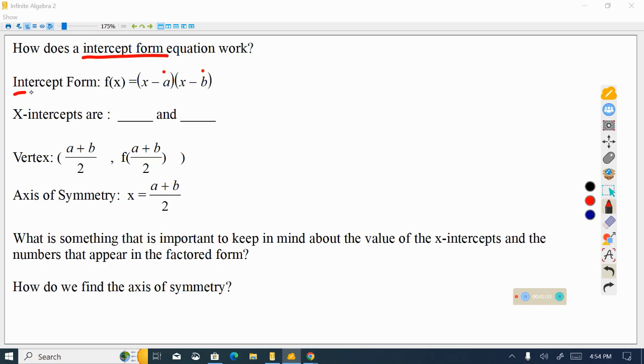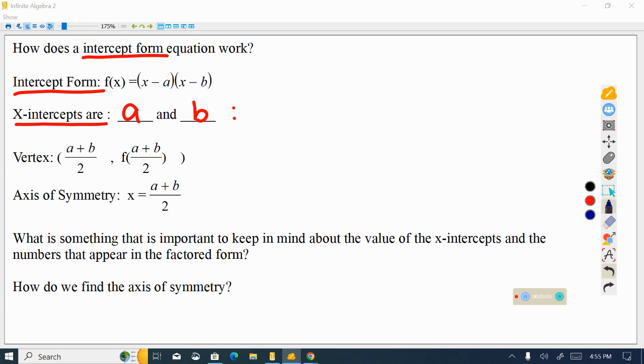So when I see an intercept form equation and it says x minus or plus something and then x minus or plus something, this tells me that the x-intercepts have to be A and B. And we want to have special attention to the idea that these have opposite signs to the values that are inside of the parentheses. So we want to be used to changing the sign there. So we'll have to practice that. So we'll have to change the sign of both of them.